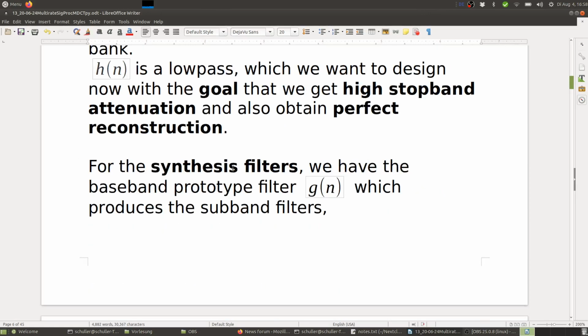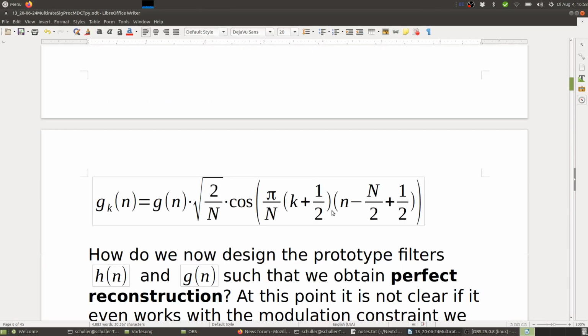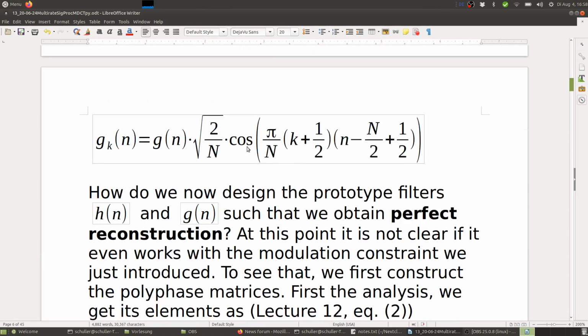So for the synthesis filter, we have the baseband prototype filter g of n, which produces the subband filters. So here you can see it. It's almost the same as for the analysis. So here the filter impulse responses, here with the window function or baseband prototype g of n, the rest is identical except for the sign of this capital N over 2.